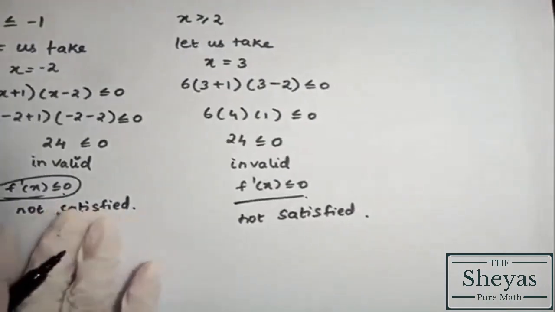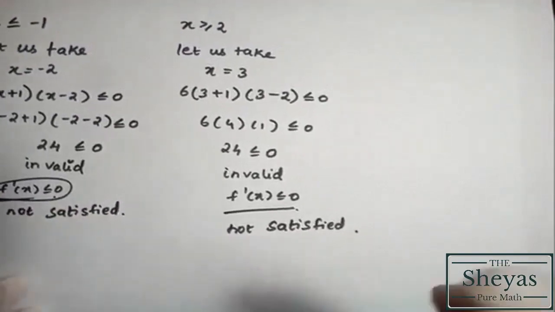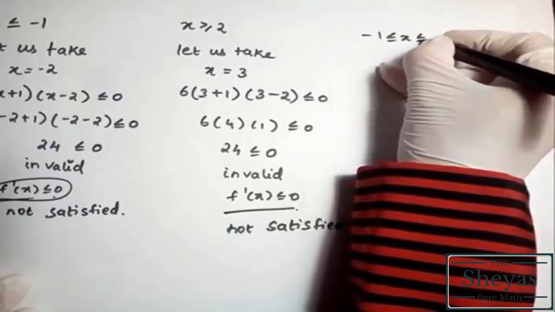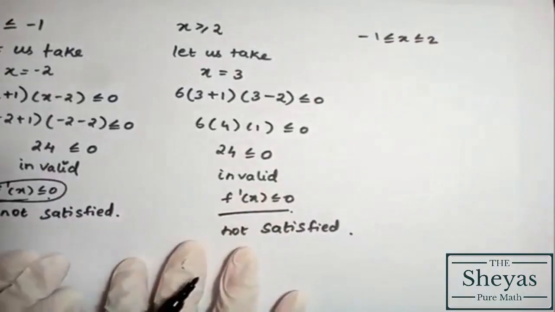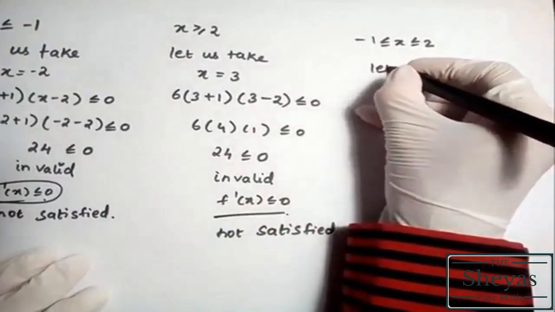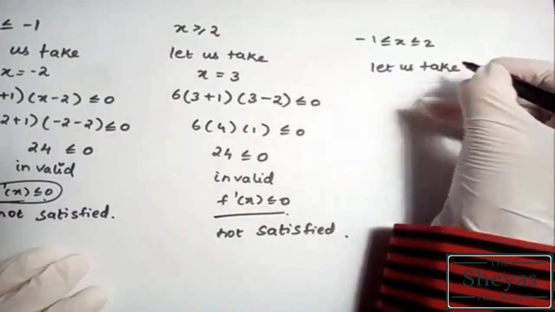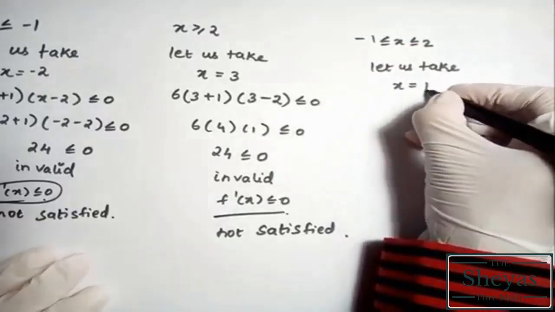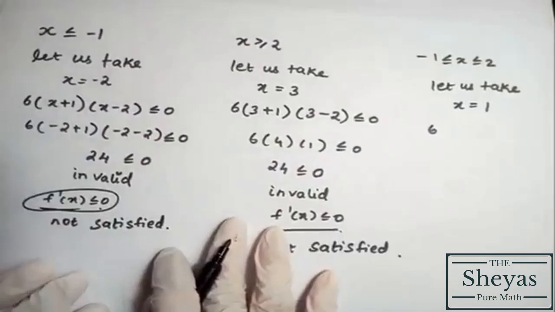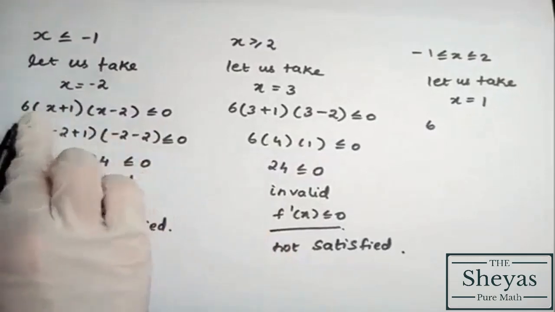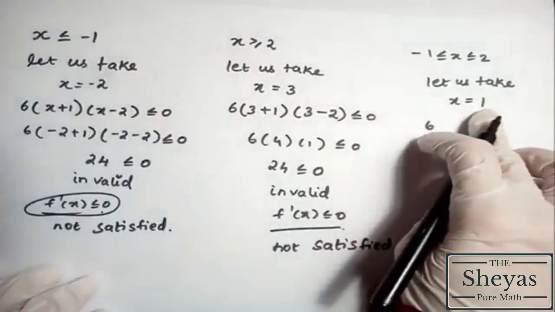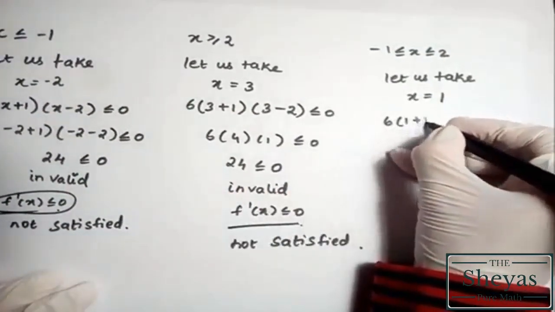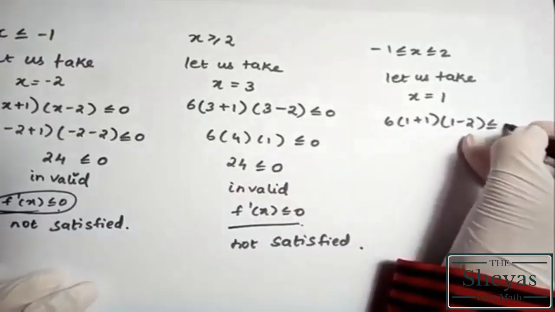Now you have to consider the third region, minus 1 less than or equal to x less than or equal to 2. Let us take some value between minus 1 and 2. Let us take x is equal to 1. In the place of x, what are we writing? 1. So 6 into (1 plus 1)(1 minus 2) less than or equal to 0.